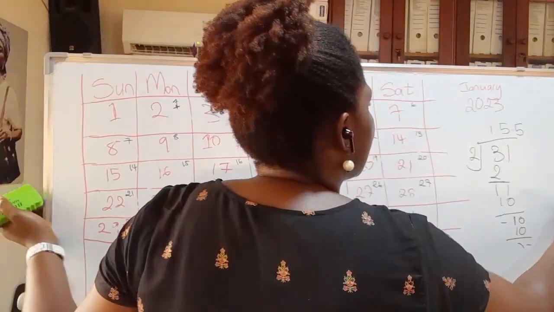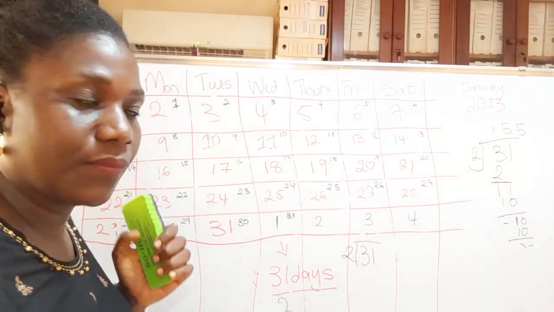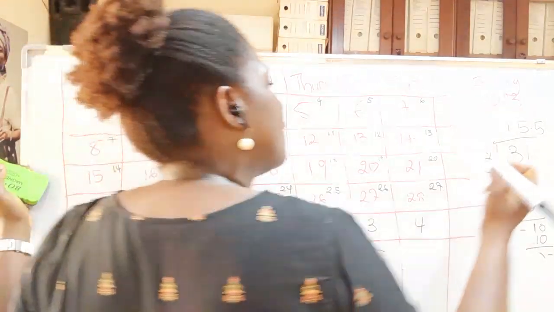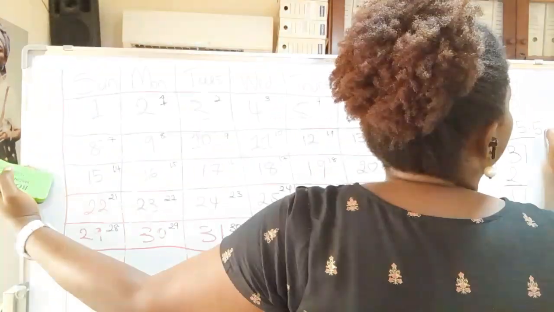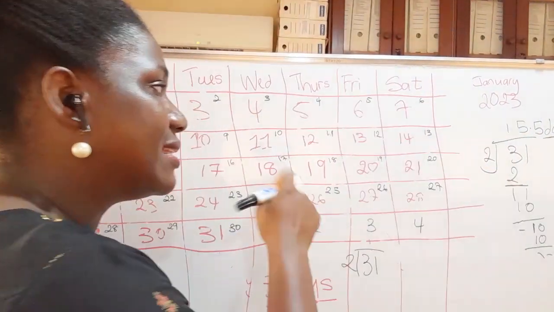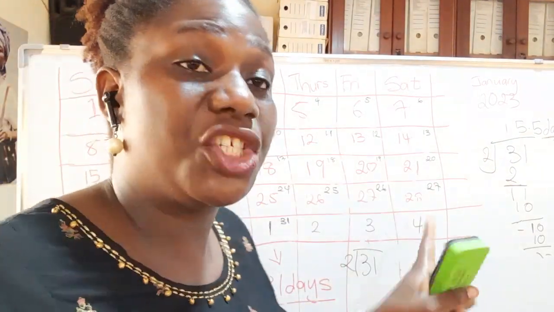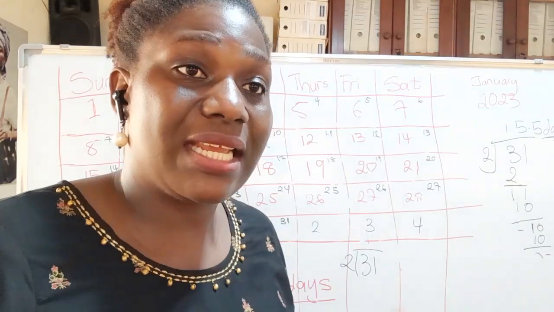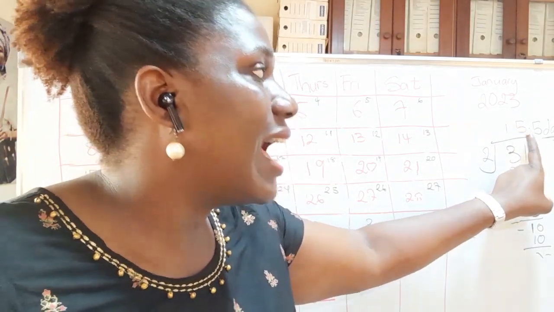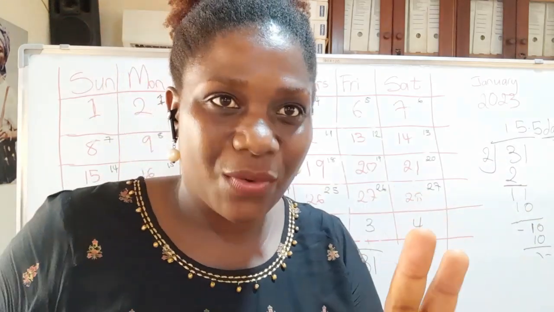So this will give us 15.5, as we can see here. So this lady's ovulation day is on the 15th and a half day.